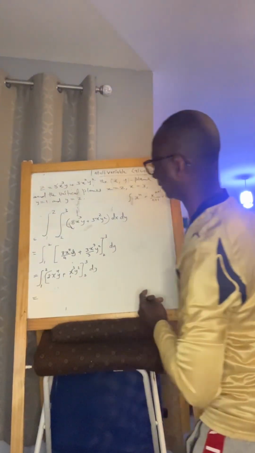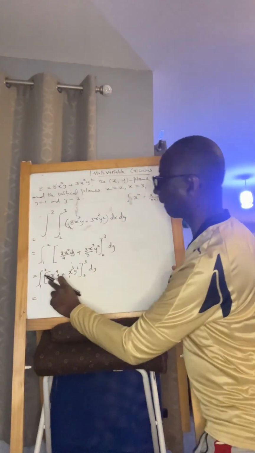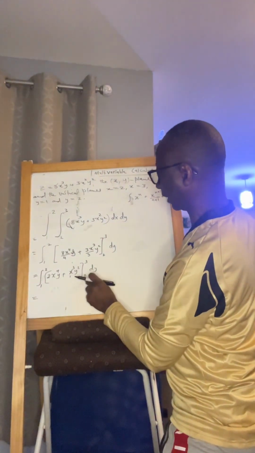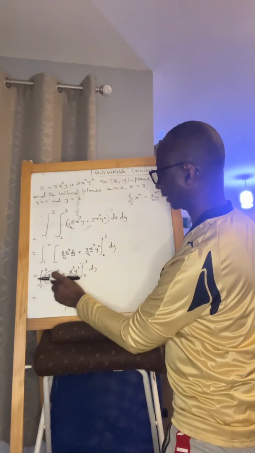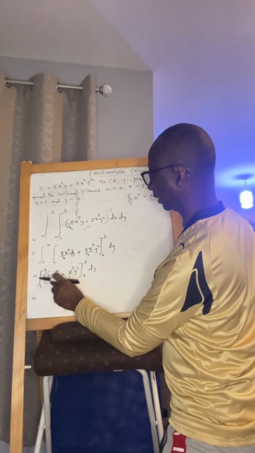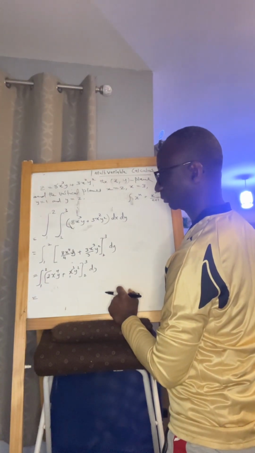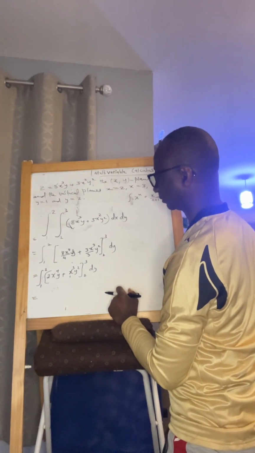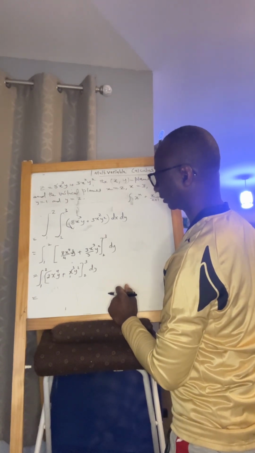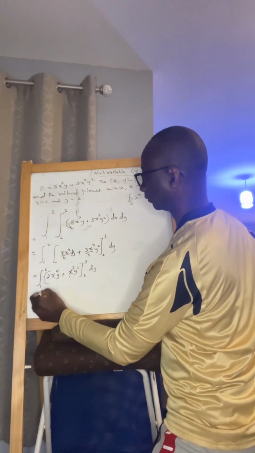So let's simplify. Now we put in 3 in place of x. So 3 raised to the power of 4. Is it not 81? 3 times 3 times 3. 3 raised to the power of 4, 81, yeah?